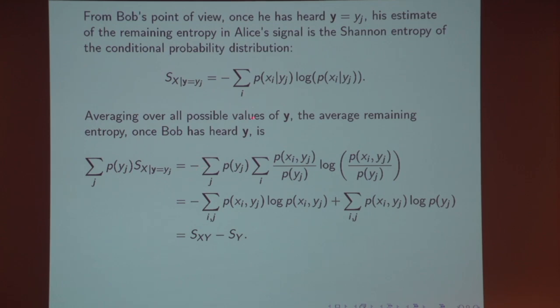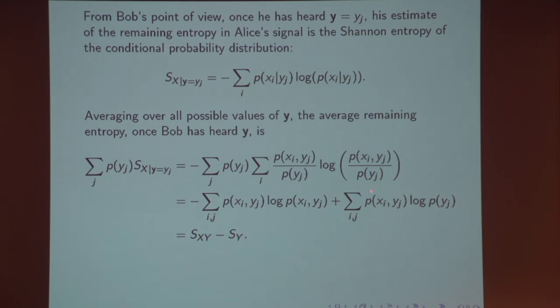where the remaining entropy is given by this, you get what I've written here, where I substituted the definition of the conditional probability, which is this expression here. And a little arithmetic lets you simplify this sum, and you discover that it's equal to the difference of two ordinary entropies, namely the entropy of the joint probability distribution P of xy and the entropy of Bob's distribution P of y.